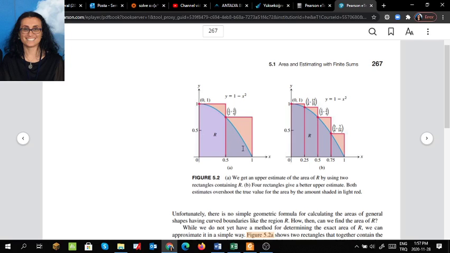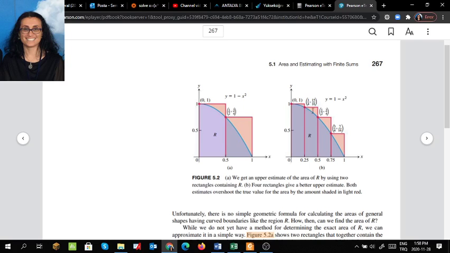Another thing I want to get your attention to is, if you form thinner and thinner rectangles, you get a better approximation. The approximation on the right is going to be better than the one on the left, because the number of rectangles used on the left is 2, and the number used on the right is 4.